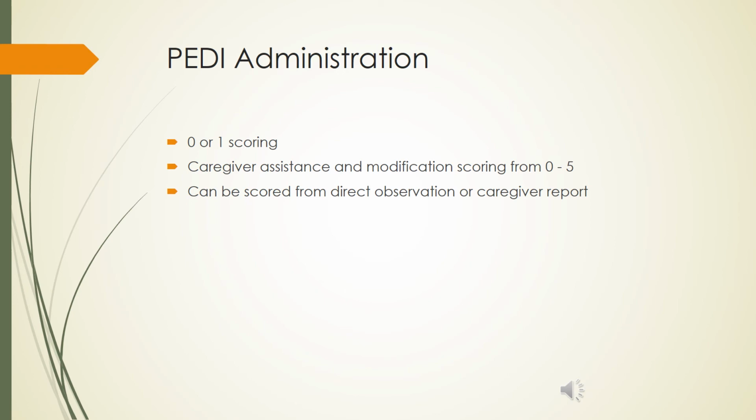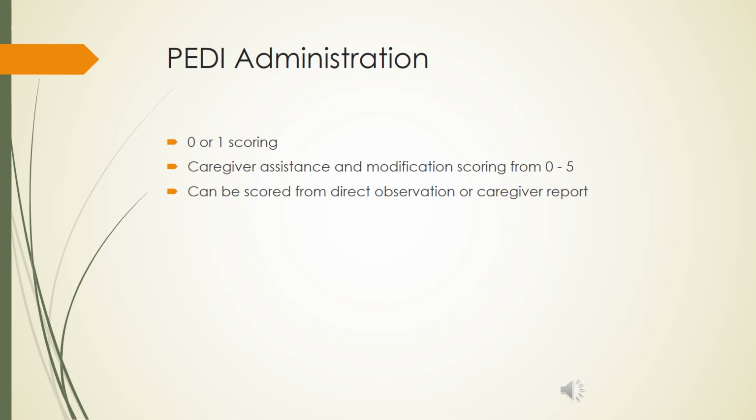The other thing that is nice about it is if they do need assistance, you can give a caregiver assistance rating. So if a child needs max assist, they get fewer points than if they can do it with only min assist from a caregiver. And even if they can't do it independently, you can show progress with decreased assist from a caregiver over time, before needing to say, yeah, they finally can do it and they can get that point all on their own.